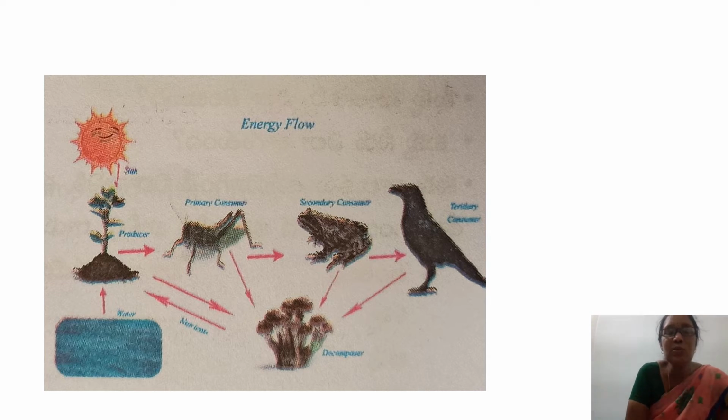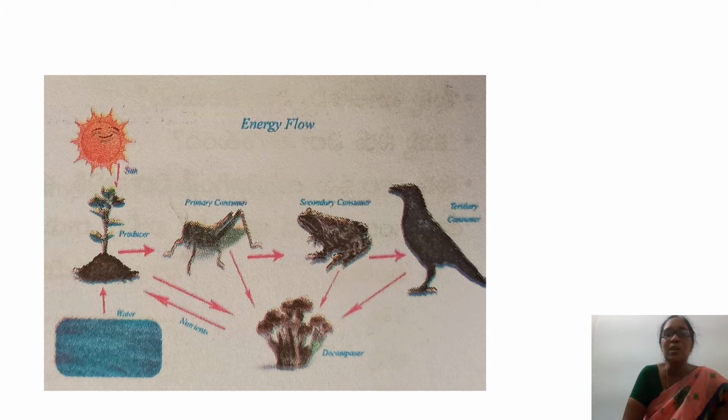Detritus means they break down complex molecules and change them into simple molecules. That way they are cleaning the environment and mixing the dead food, the waste food, with the soil. The crow also does the same thing, cleaning the environment in the same way.